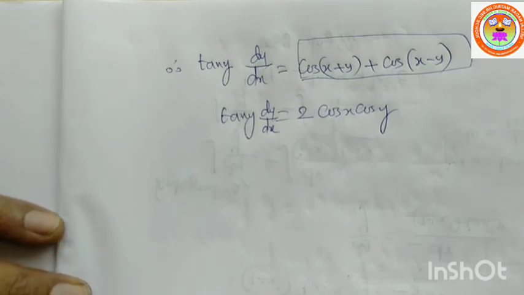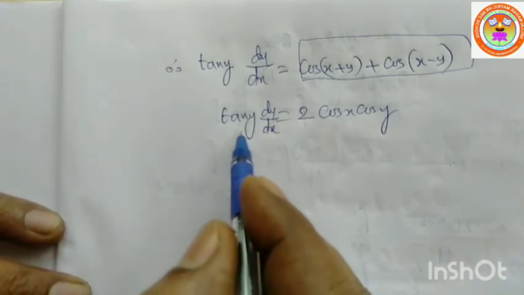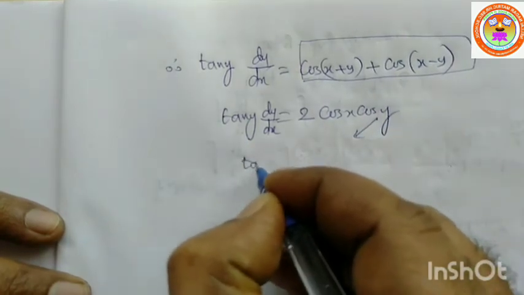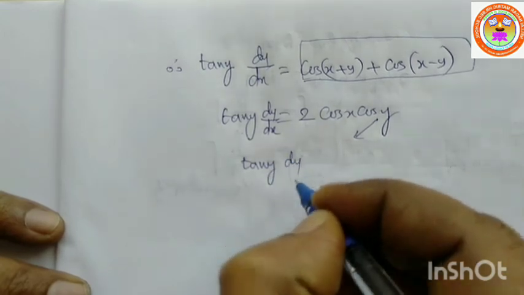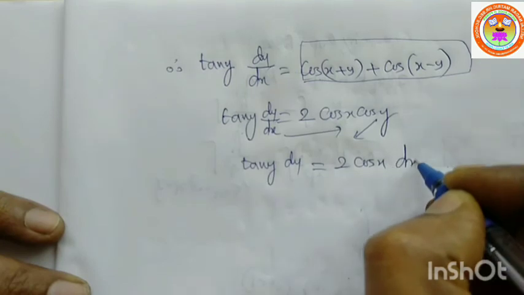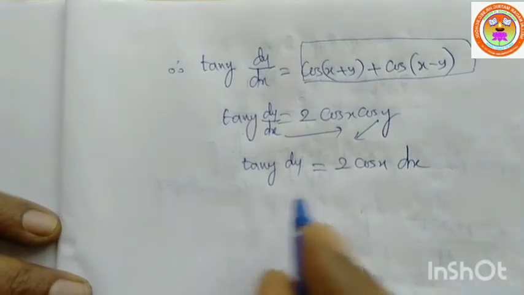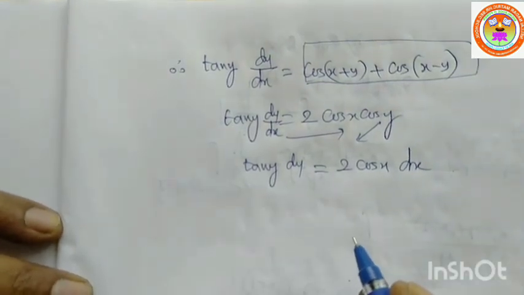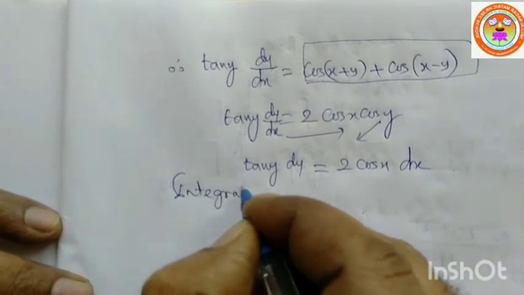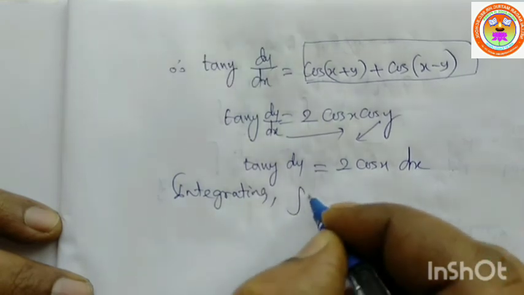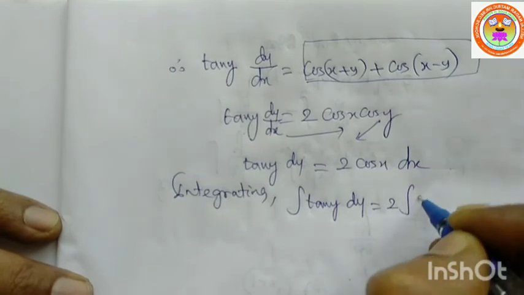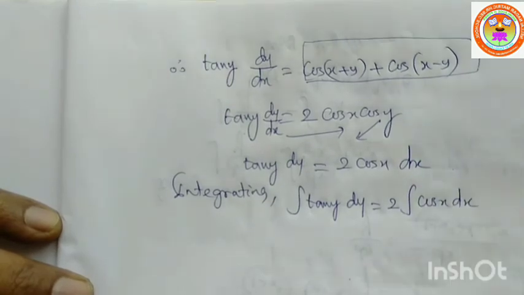Here we have one y term, here also one y term, bring this y term down. So, tan y into dy is equal to 2 cos x into dx. After separating the variables, we have to do the integration. When we are integrating, integral of tan y into dy is equal to 2 into integral of cos x into dx.